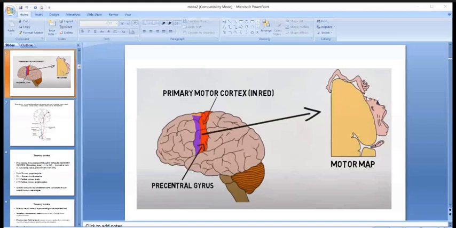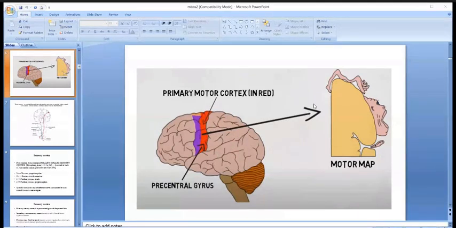You see, the face is like this. This is the trachea and voice-making portion, that is also motor. This is the hand, this is the trunk, this is the leg and foot. So it is a cartoon picture of the body upside down, right? In the case of motor also, and in the case of sensory also.